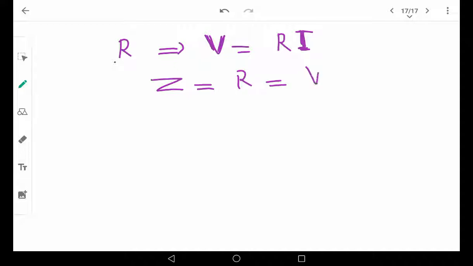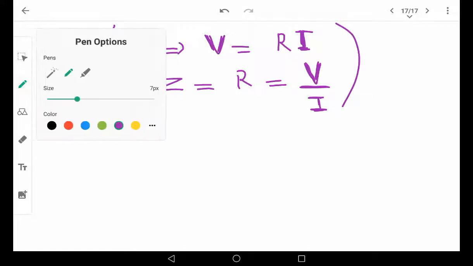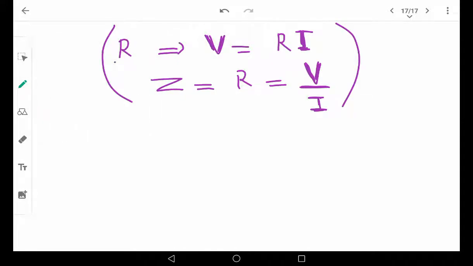Now if you go for the resistance, you have the phasor V equal to R times phasor I. So in that case, Z equal to R equal to phasor V divided by phasor I. Understand? This is for the resistance.